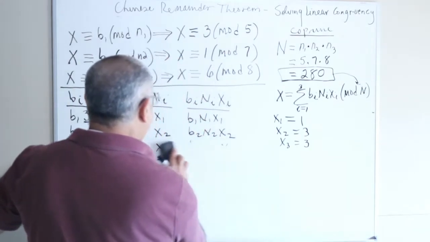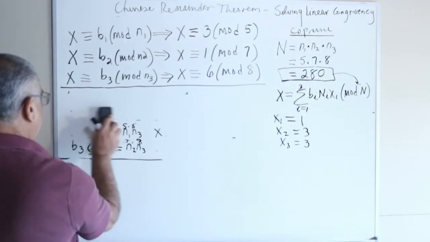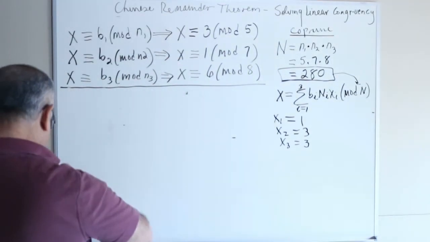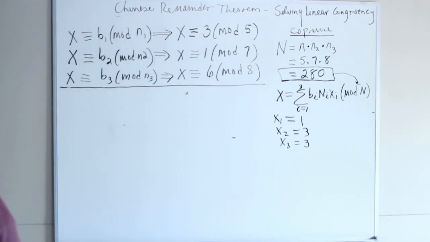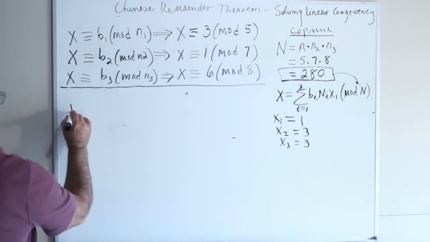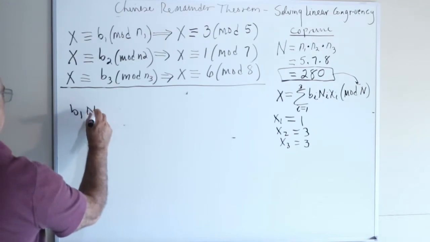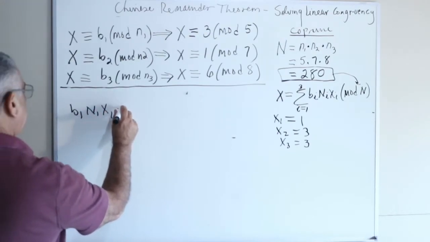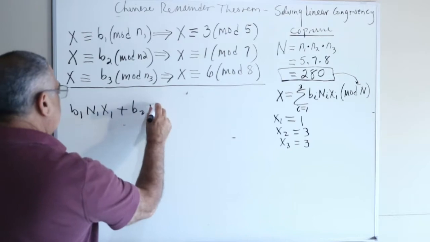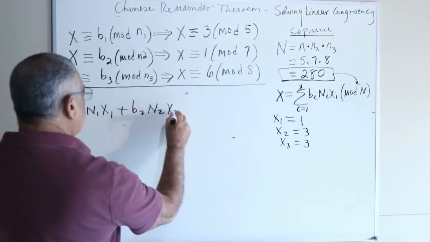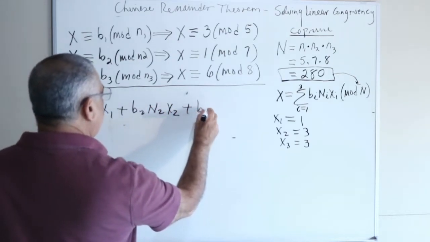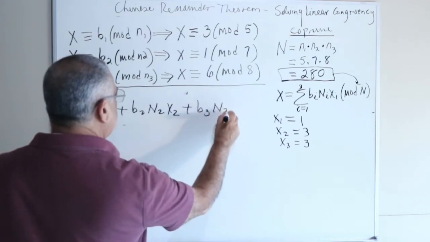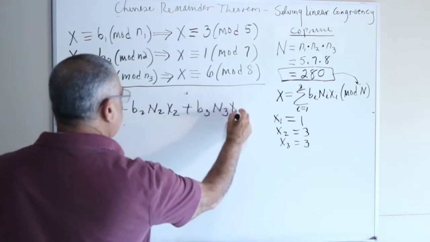So if I look back, it's going to be b sub 1, n sub 1, x sub 1 plus b sub 2, n sub 2, x sub 2 plus b sub 3, n sub 3, x sub 3.